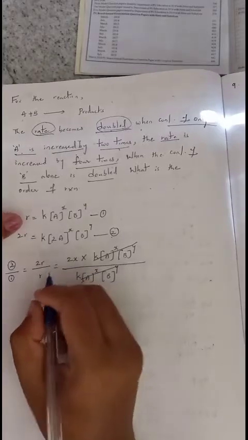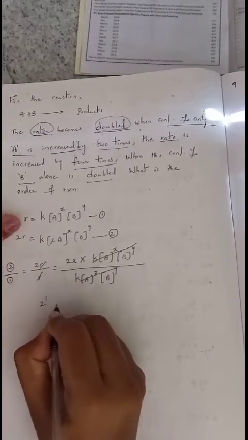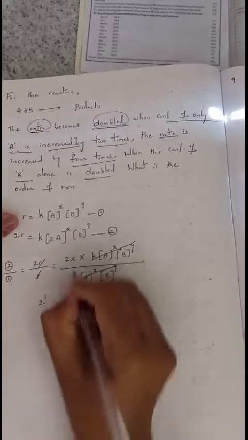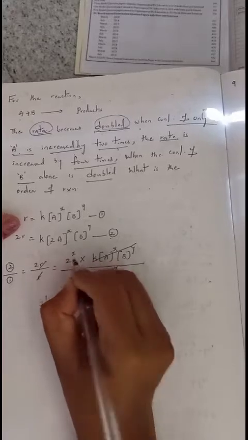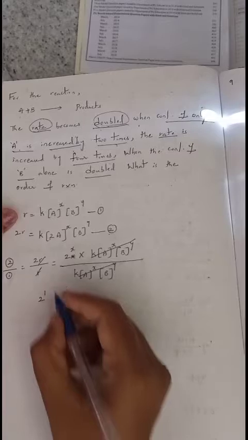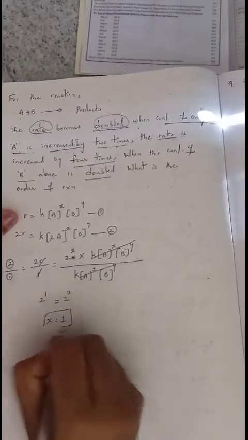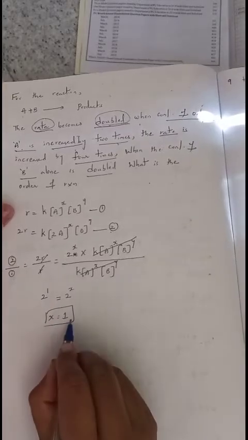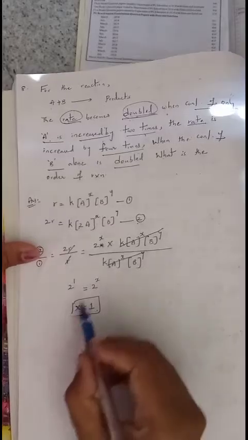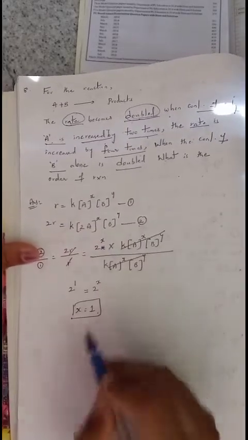Then R also got cancelled. 2 power 1 equals 2 power x. Here not 2x, it is 2 power x. Then x equals 1. That means the x value is just 1. Next one, that is concentration. The number of moles of A is nothing but 1.